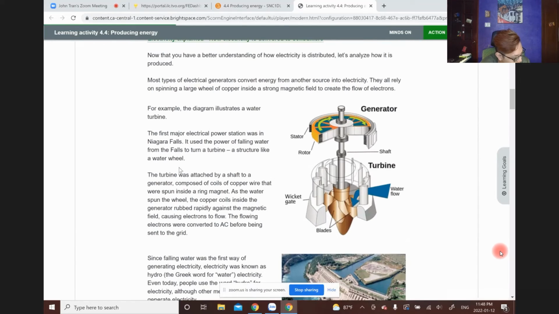The turbine was attached by a shaft to a generator, composed of a coil of copper wire that was spun inside a ring magnet. As the water spun the wheel, the copper coil inside the generator moved rapidly against the magnetic field, causing electrons to flow. The flowing electrons were converted to AC before being sent to the grid.